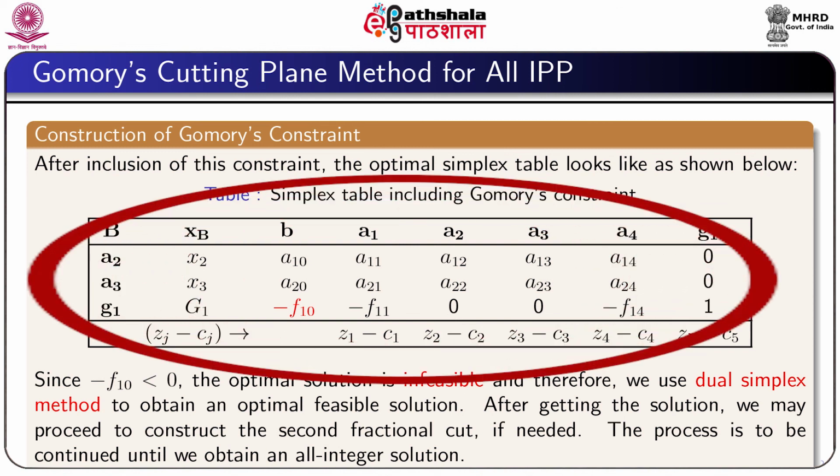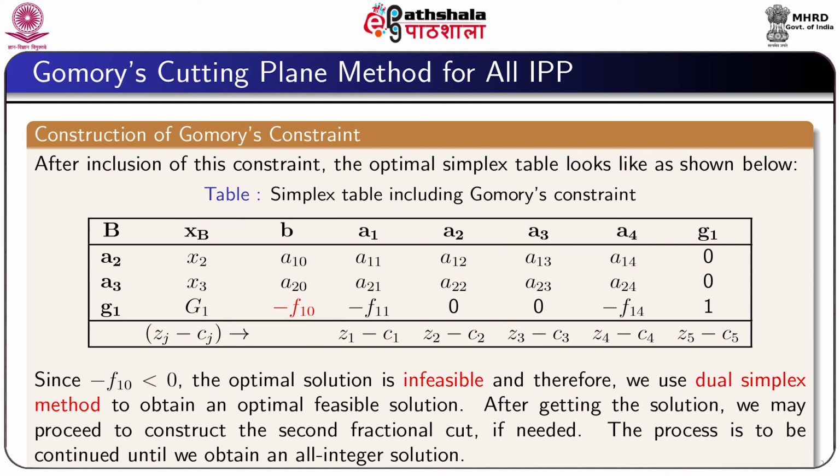And from the values of the components of B, we see that minus F10 is a negative quantity, and because of this negative quantity, we cannot proceed further by using the regular simplex method.